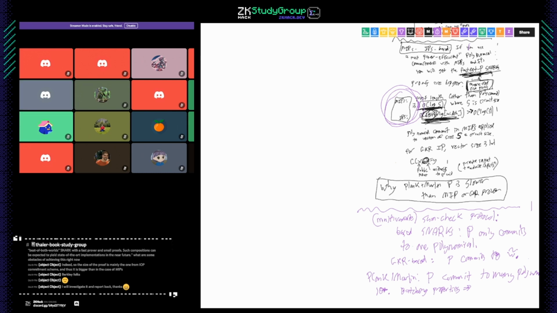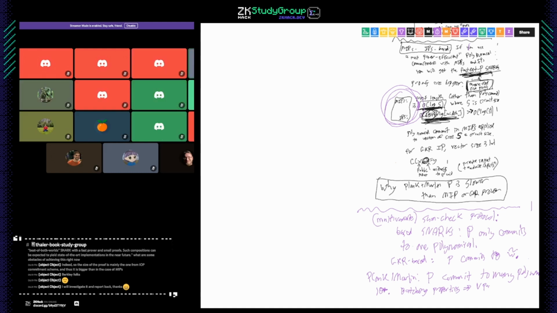The verifier is going to wind up paying only for one commitment, not 10 or more of them. So the verification costs of Plonk and Marlin are not 10, 20, 30 times more than Groth16 or anything like that.